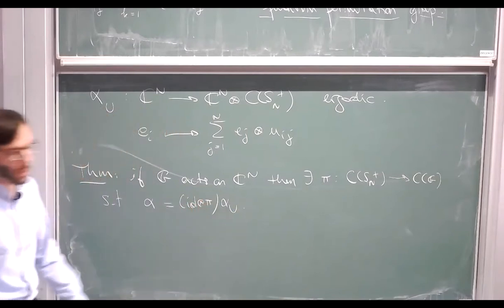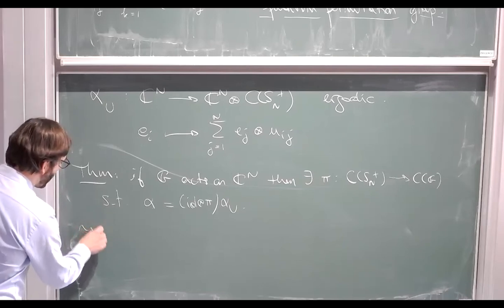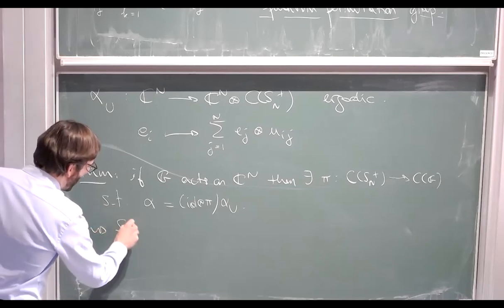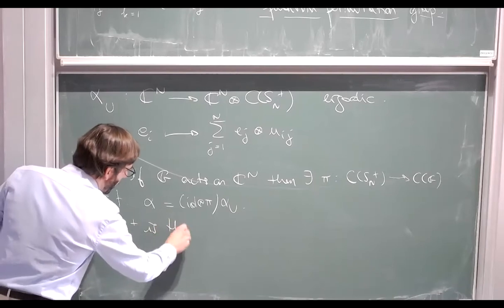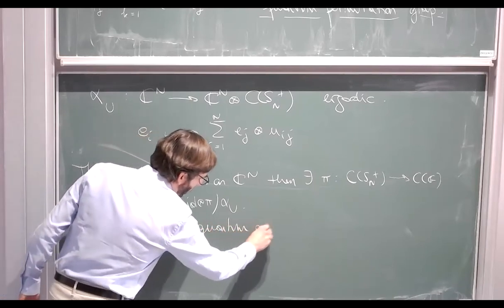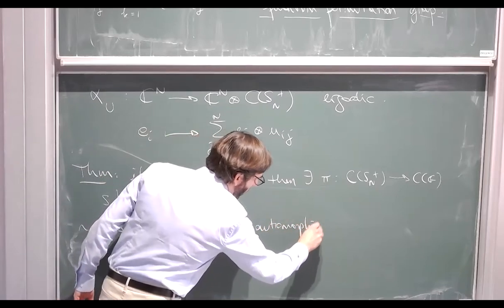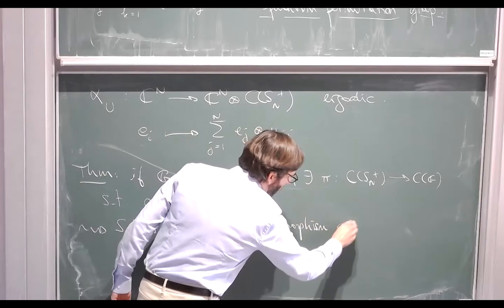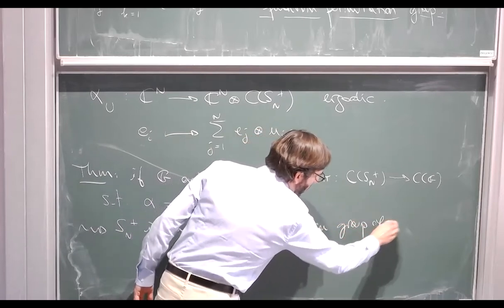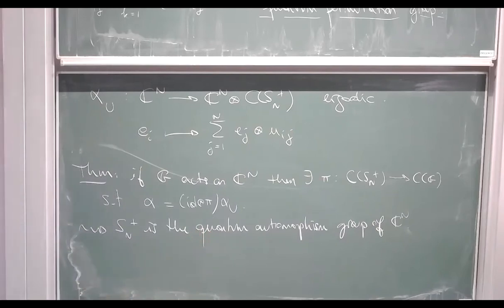Right? So this means Sn plus is the biggest quantum group acting on Cn. So this leads to the following term. Sn plus is what we call the quantum automorphism group of Cn, or of n points, if you think in terms of spaces.